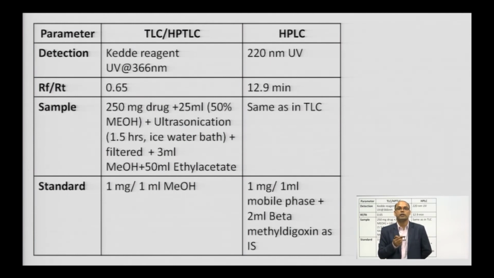For that you can spray Kedde reagent, heat the plate, and observe the plate under long wavelength ultraviolet radiation, 366 nanometer. You can observe the Rf value of digoxin at 0.65 on your developed TLC plate.